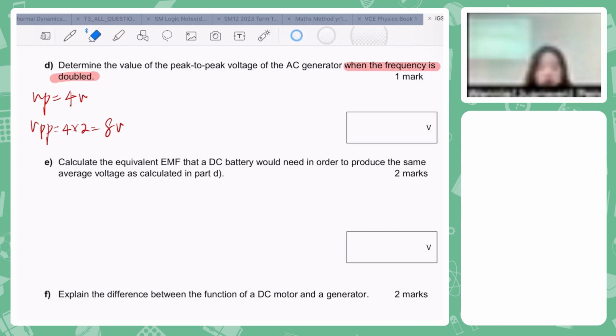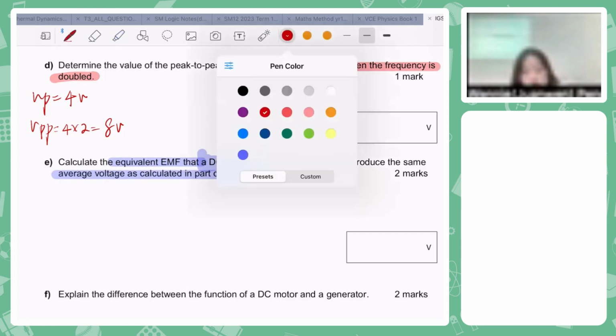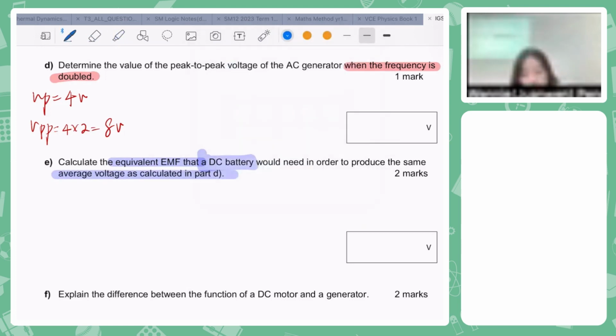Question E, I'll try to clarify this. The question said, calculate the equivalent EMF that a DC battery will produce in order to produce the same voltage as calculated in part D. So they just ask you to solve out the RMS value, because the RMS value is the average value for AC, and you can use this for DC as well.